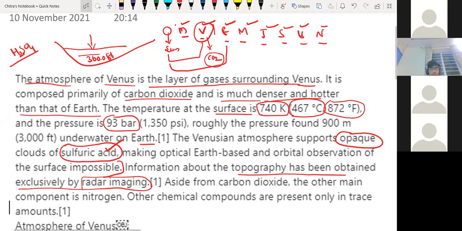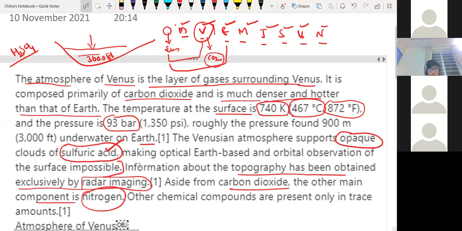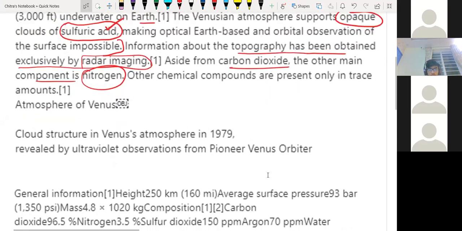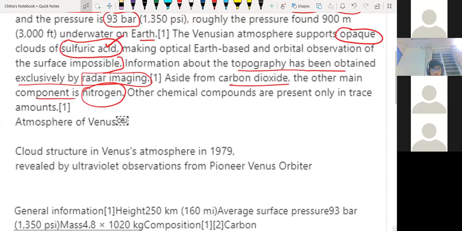Aside from carbon dioxide, the other main component is nitrogen. On Venus we have nitrogen gas along with carbon dioxide. Other chemical compounds are present only in trace amounts, very little of other gases.